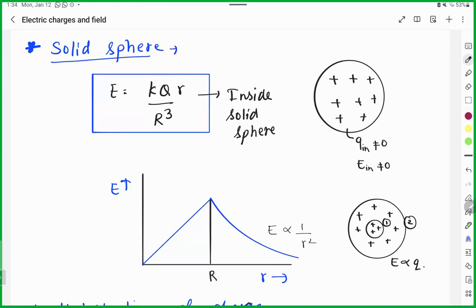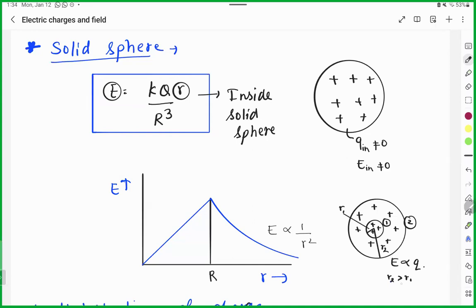That's the reason. If you see here, electric field depends upon the R up to the surface. Why? Because if you increase R, let's take R1 and here R2. You know R2 is greater than R1.